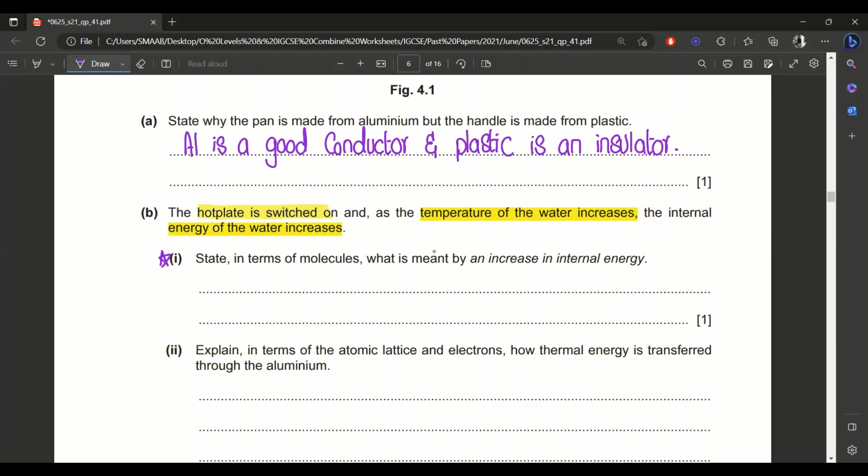So you mentioned that is the increase of kinetic energy because kinetic energy is directly proportional to temperature. So increasing the temperature means increase in kinetic energy of molecules, right? Yes. And in general, internal energy is the sum of kinetic and potential energy. So either there will be a change in kinetic energy or there will be a change in potential energy. So increase in kinetic energy or potential energy, right?